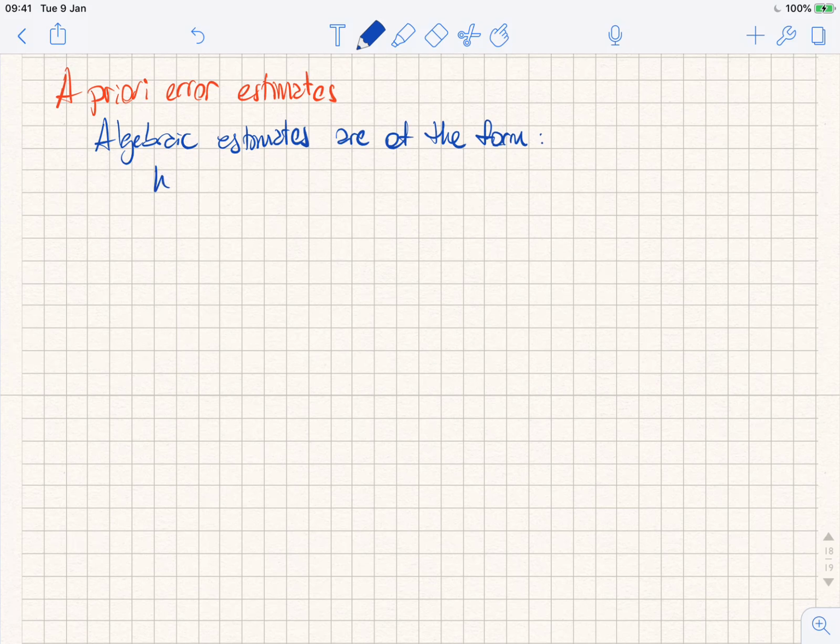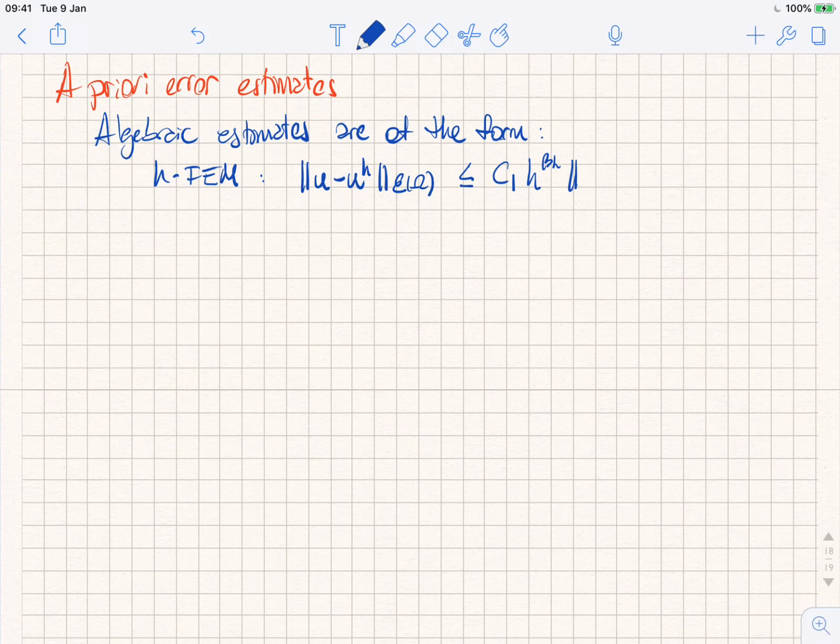Well, in h-FEM, I'm going to be dealing with the energy space again. So the error in energy norm is going to be equal to C1 h to a power of beta h, and beta h is basically my convergence rate, times the norm of the exact solution.